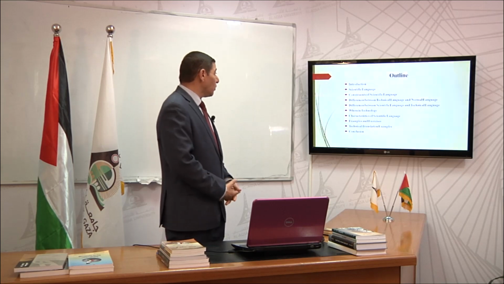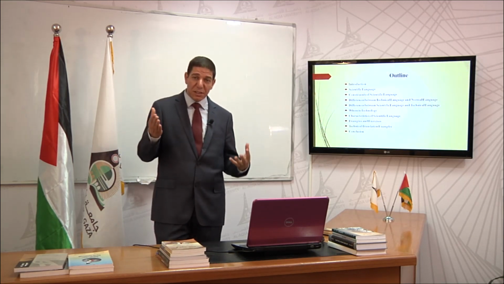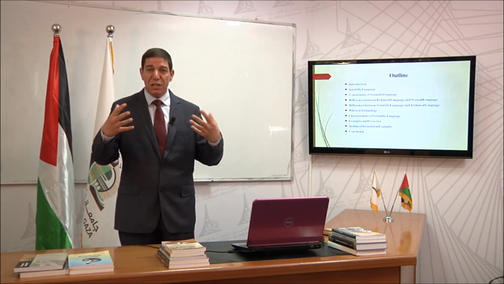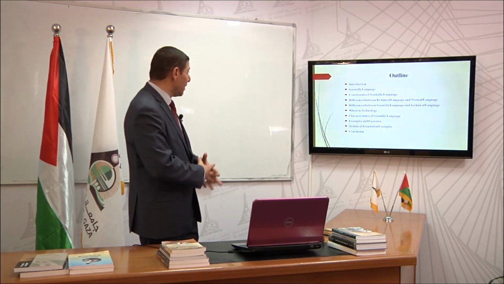And then we are going to discuss the term technology and technical translation and scientific translation. What is the relationship? Where is the overlap? These are the things that we are going to discuss also.